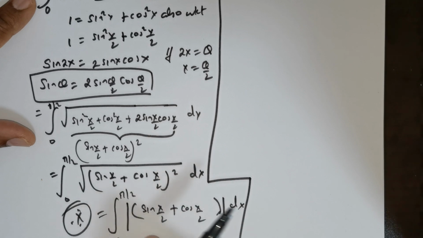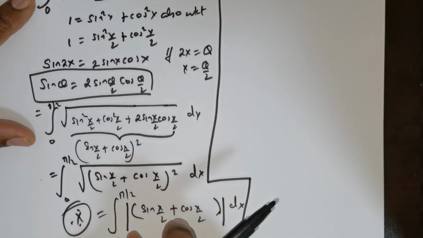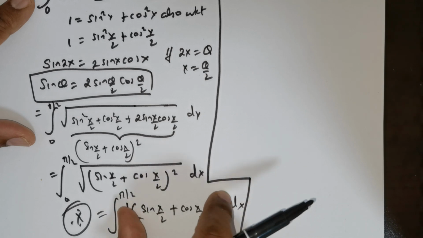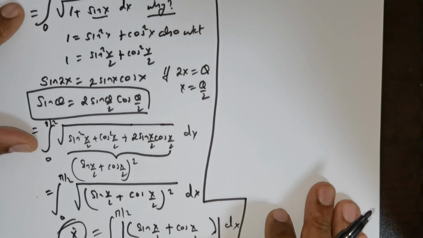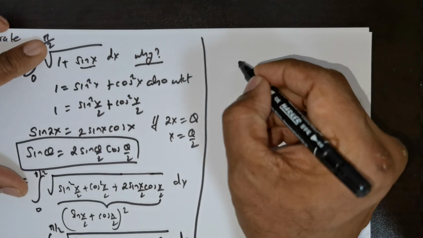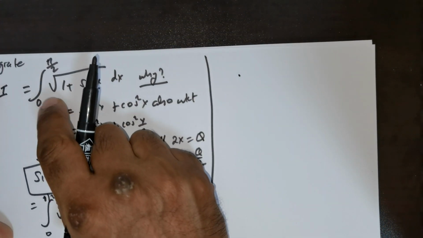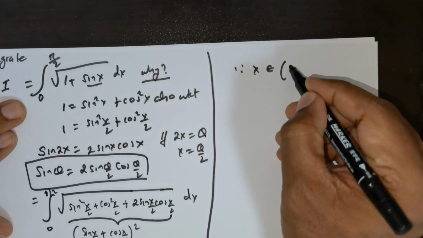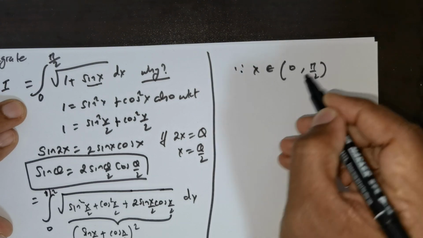Okay, now next, how to get rid of the square root, or I should say how to get rid of this absolute value. Now this is an absolute value, meaning that you are expected to produce a positive result. Now the question is, to integrate, I need to get rid of this absolute function. So how do I do that? Now I can do that by the fact that the limits, you see that x is an element of 0 comma pi over 2.